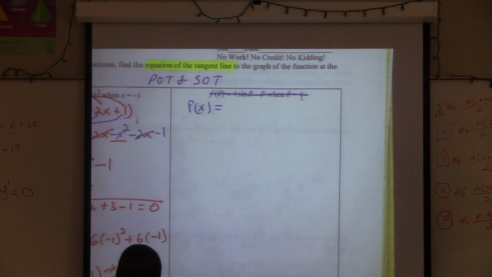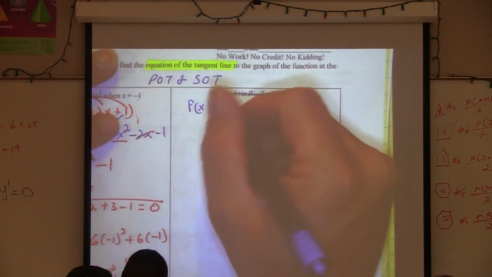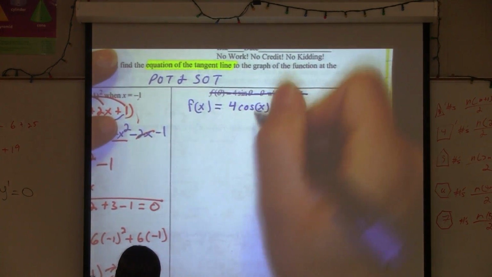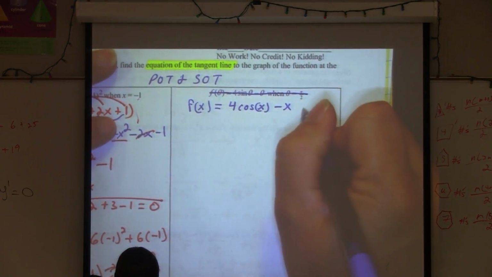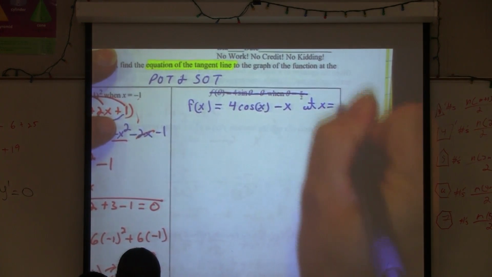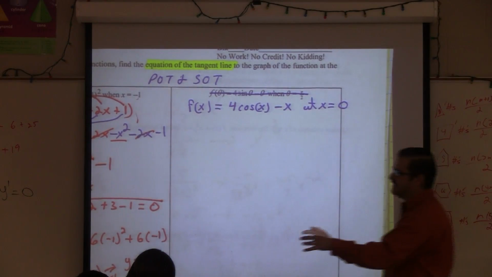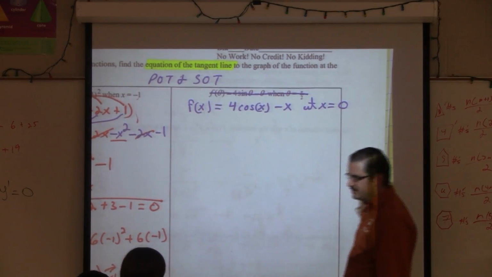So I'm going to say f of x, not f of theta, because then my thetas get mixed up with my zeros and it looks nasty. Okay, so f of x equals 4 cosine of x minus x. We want it at x equals 0. Good?